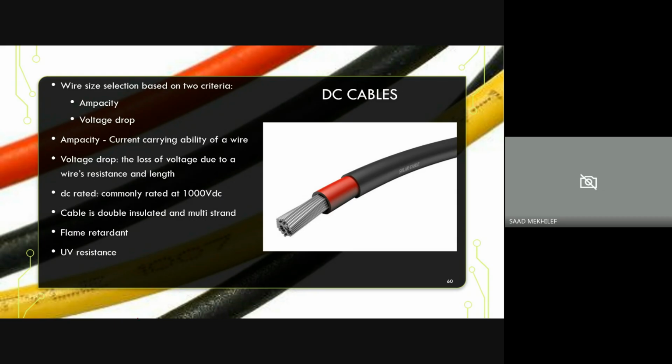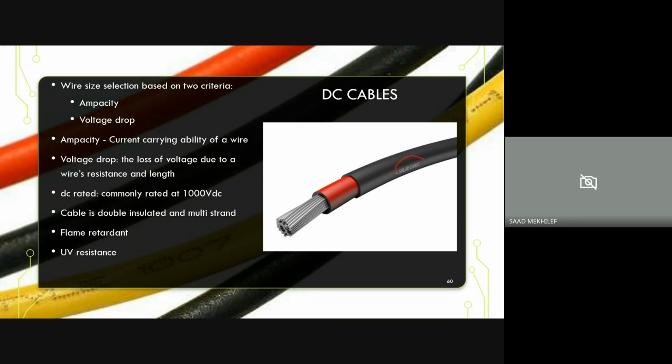You have the DC side, which is the PV and DC-DC converters to the inverter, and then we have the AC side, where you use AC cables. Wire sizing selection is very important, because if you use the wrong wires, you have losses inside these wires. So make sure in the design you use the right cables.